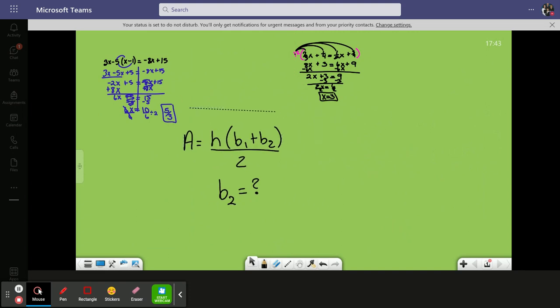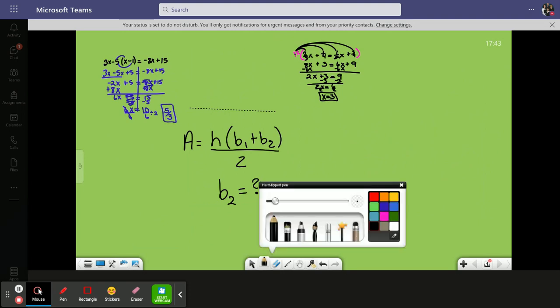I need to figure out what b2 is equal to, but I don't have any numbers, right? So I just have to move things around. What do you think the first step is going to be to solve this one and get that b2 alone? Whenever I have a rational expression, a fraction-looking one, I'm always going after that denominator first.